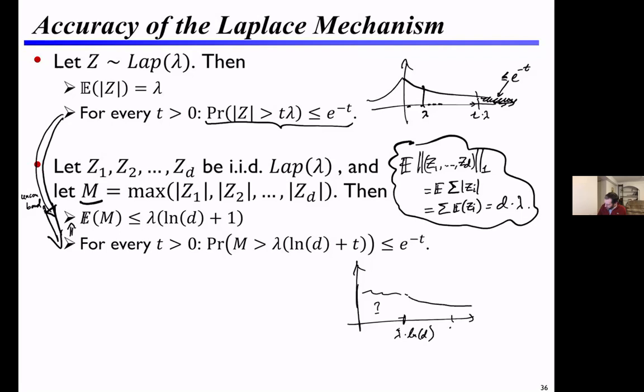At lambda times log d plus t, the mass under the tail is at most e^(-t).